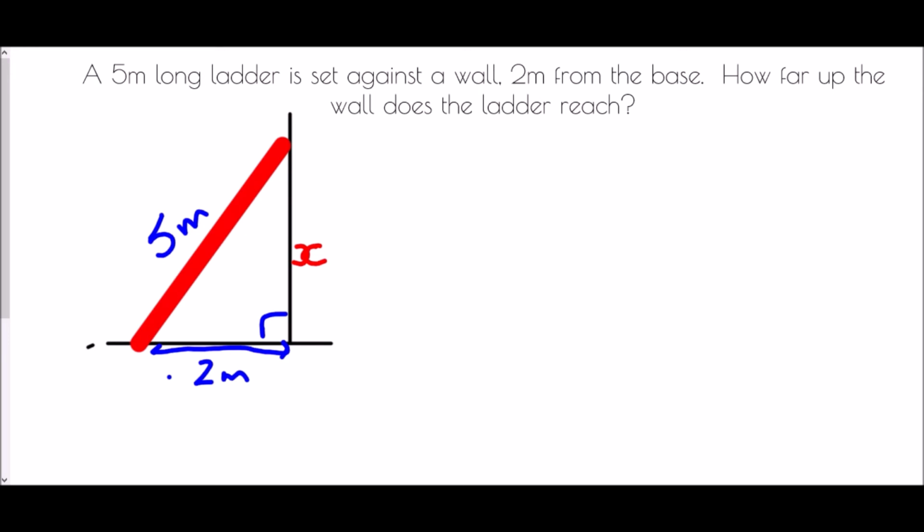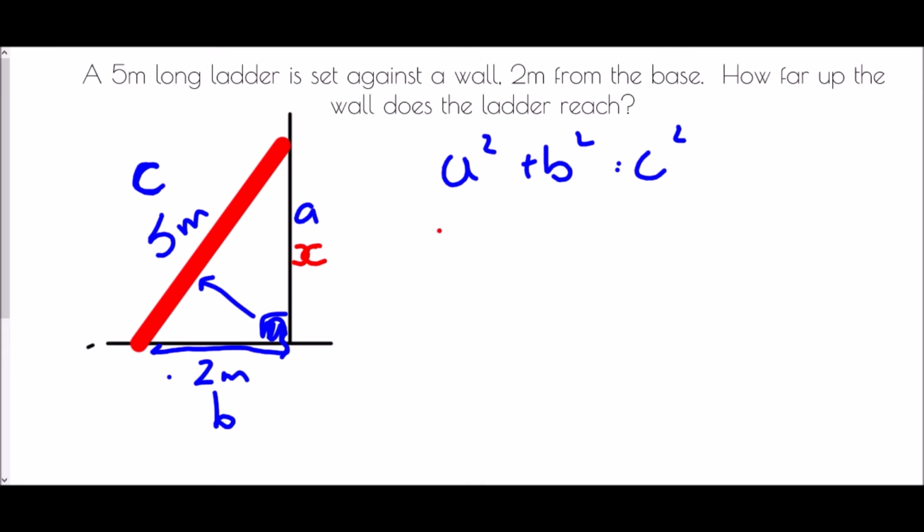And so we just need to identify A, B and C. Well, here is our right angle, and therefore the ladder is our C. It is our hypotenuse. The base is going to be the 2, and so x is going to be our A. A squared plus B squared equals C squared. Fill in the values.